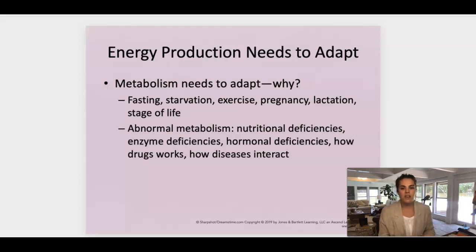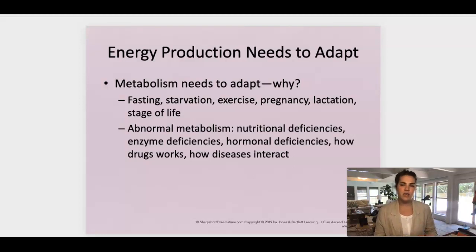And that is because we could be going through periods of fasting or starvation or exercise, pregnancy or lactation or other different stages of life where our energy needs or our metabolic demand is far greater or far less, okay? We also could be experiencing times of nutrient deficiencies, deficiencies of specific enzymes or hormones that help to drive some of these metabolic pathways.